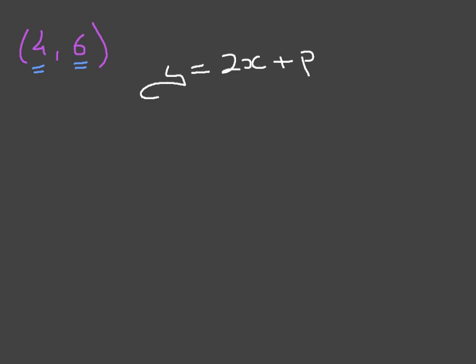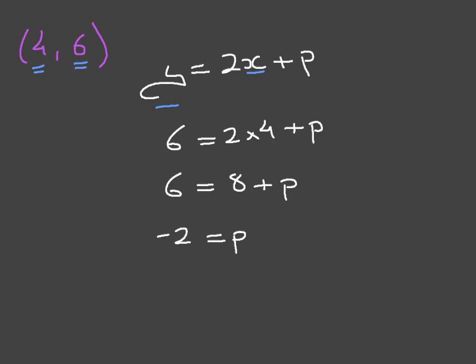And since y has to equal 6 when x equals 4, we can replace the x and y values in our line equation to write 6 equals 2 times 4 plus p. This leads us to 6 is equal to 8 plus p. Now subtracting 8 from both sides leads us to negative 2 equals p. In other words, p is equal to negative 2.